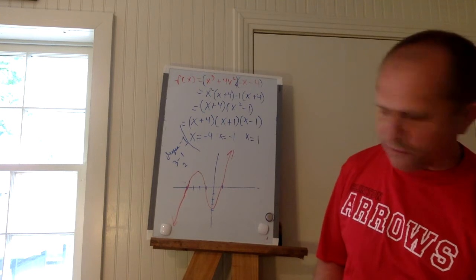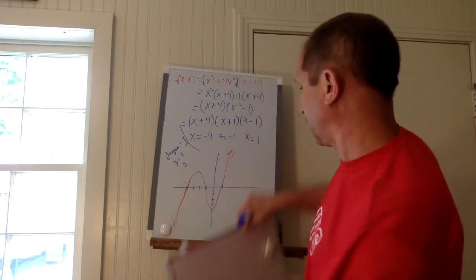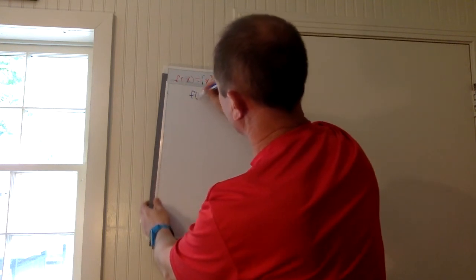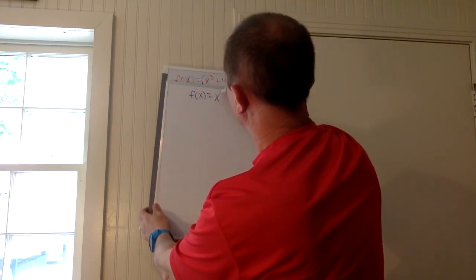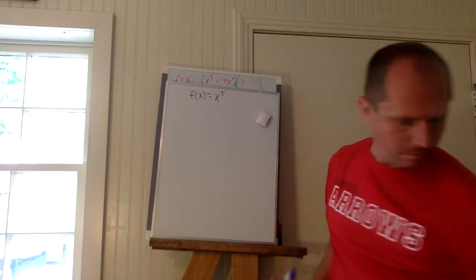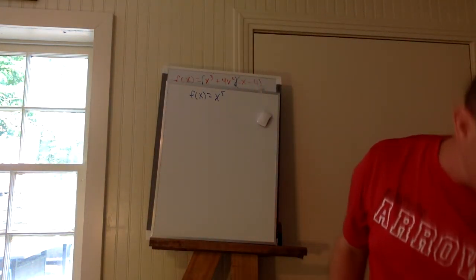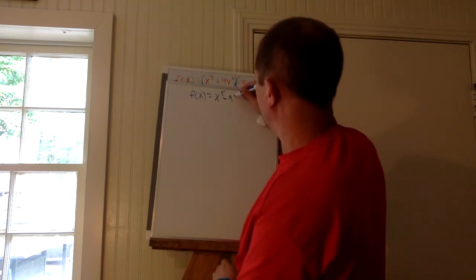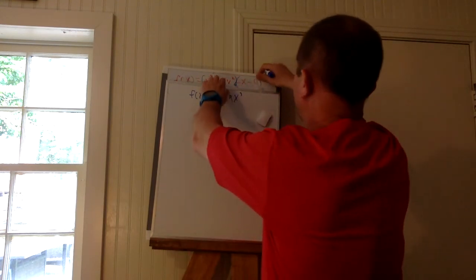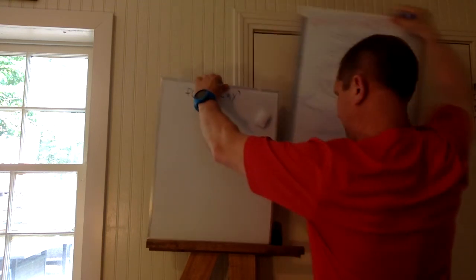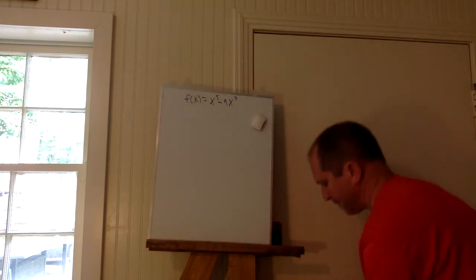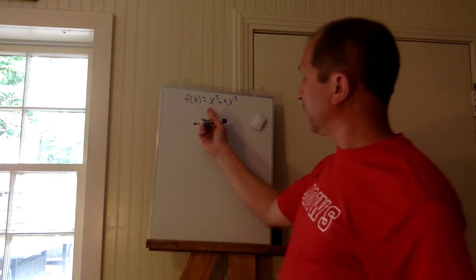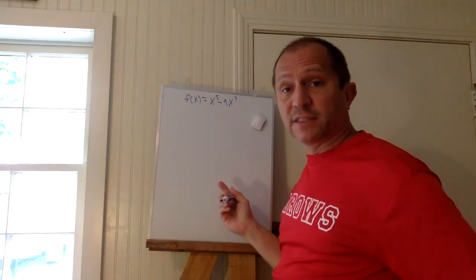So let's take f of x equals x to the 5th minus 9x cubed. So here we're going to factor to find the zeros.